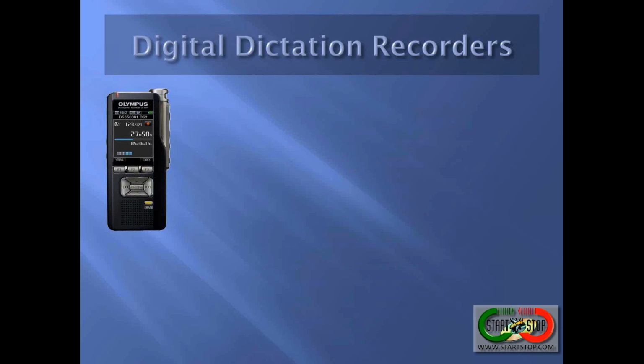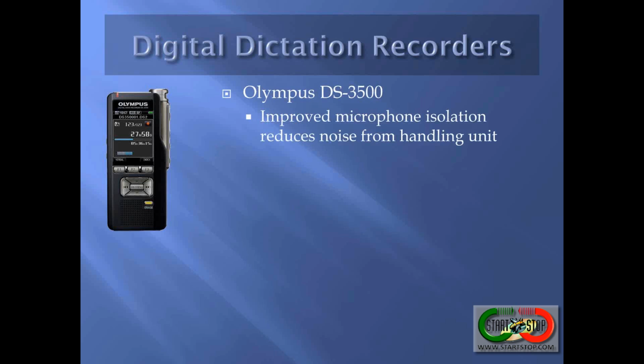The second recorder is the Olympus DS3500. It has the same improved microphone design that the DS7000 has, uses the same lithium-ion battery that the DS7000 uses, has the same screen readout and function buttons on the front and control buttons, very, very similar to the 7000.